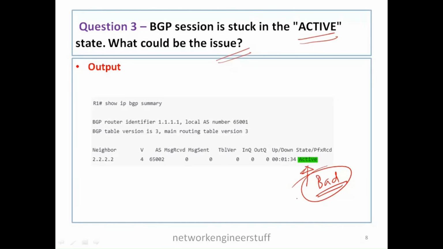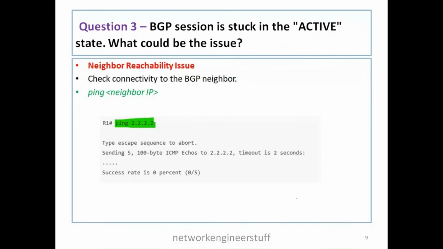Now, many of the people are aware of this answer, but in interview they are not able to structure the answer. Okay, so let's structure this answer and put it in points. So the very first reason would be the neighbor reachability issue. The neighbor itself is not reachable. Let's say we have this R1 and R2, the IP of R1 is 1.1.1.1 and the IP of R2 is 2.2.2.2.